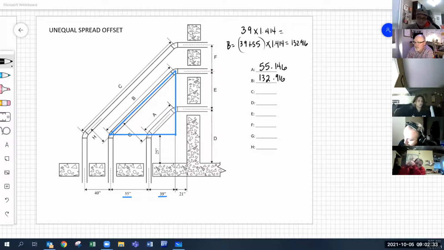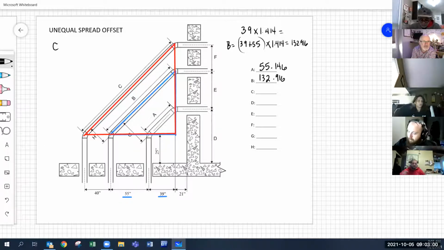Now, the next step is to solve for C. And for C, I'm going to draw a right angle triangle. Here it is. Right there, it's just a bigger right angled triangle. And now C is equal to, now I have all my measurements on the bottom of my run.